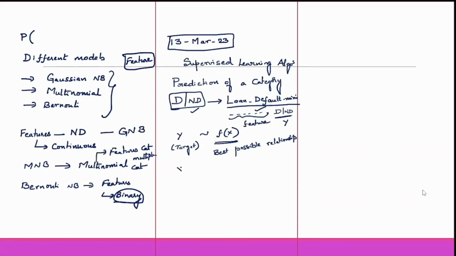So for x, initially we have done a lot of data cleaning activity. If there are any missing values in the data, we try to identify them. If there are any outliers in the data, if there are insufficient number of observations in the data, etc. So there is a lot of data cleaning that we have done.